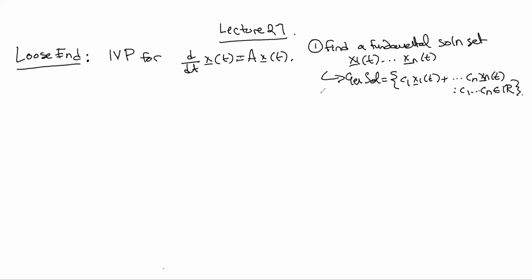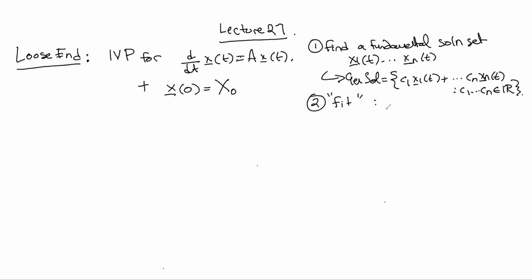And so the initial value problem means you're given some initial data, that the value of x at 0 should be some capital X naught. Right? And so now all you have to do is find C1 through Cn, which match this initial data. And this is just the usual thing.